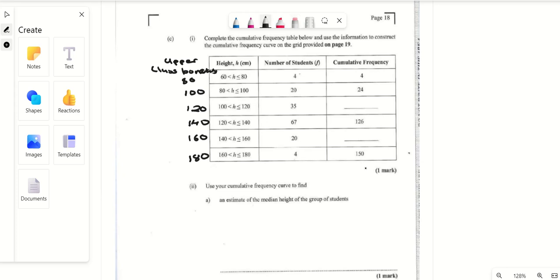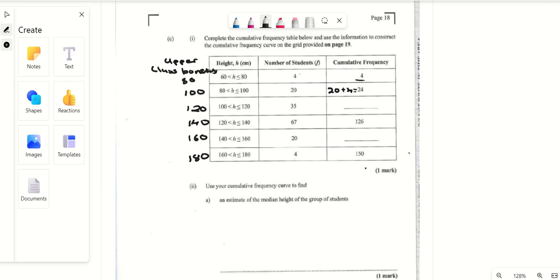Right now, next, remember we were saying what we usually do to get your next cumulative frequency would have been this 4 plus this 20. So 20 plus 4 is equal to 24.